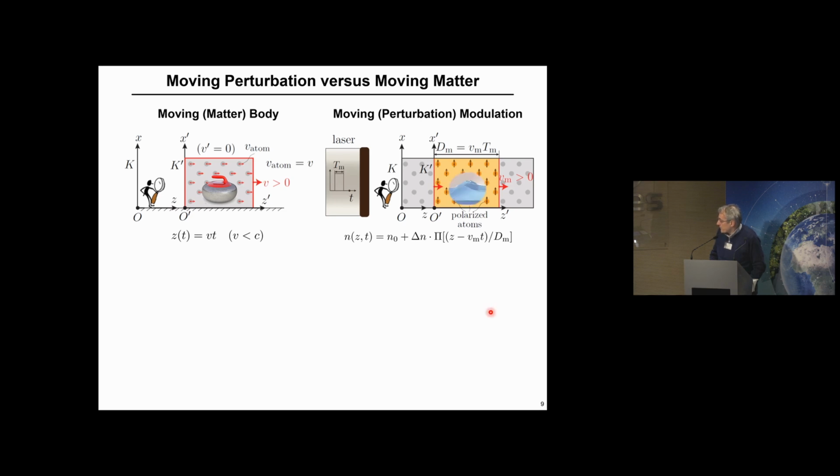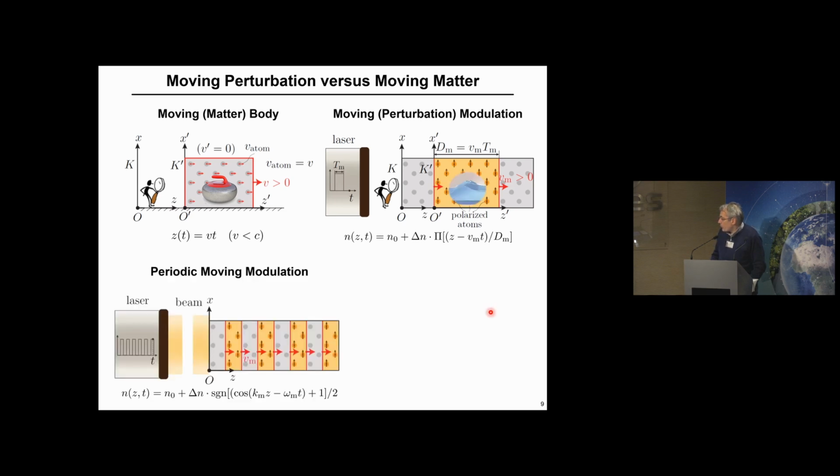Now you can have a distributed version of that, a periodic modulation. Typically in metamaterials the unit cell is small, and the propagation velocity is the velocity of light divided by the average index, which is smaller than the velocity of light.